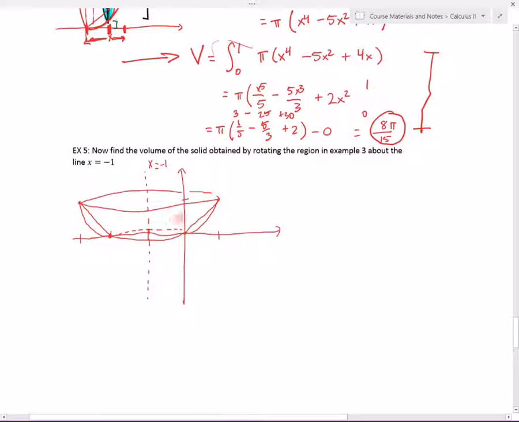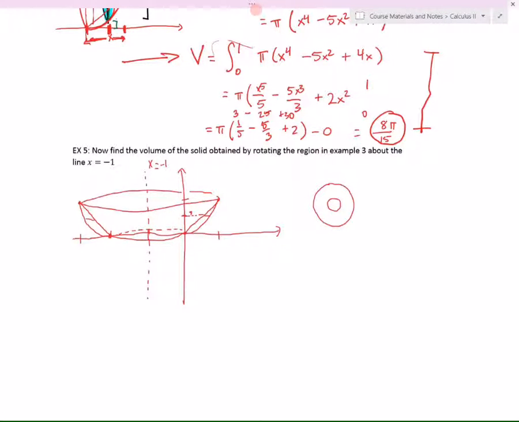So what I do is I pick a particular y, and as I go out in each direction, I'm going to have a cross section that turns out to be an outer circle and an inner circle.